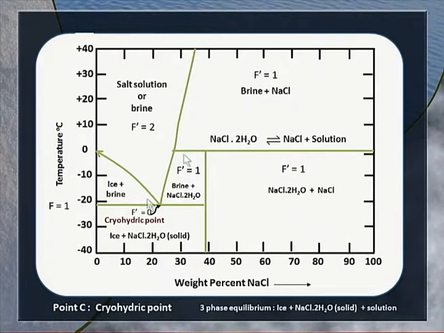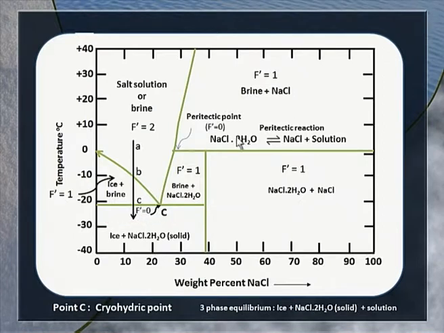sodium chloride. The horizontal line where we have shown an equilibrium between the dihydrate, anhydrous sodium chloride, and the solution corresponds to the peritectic reaction, and the point here is called the peritectic point, at which the number of degrees of freedom is 0, because there are 3 phases in equilibrium.